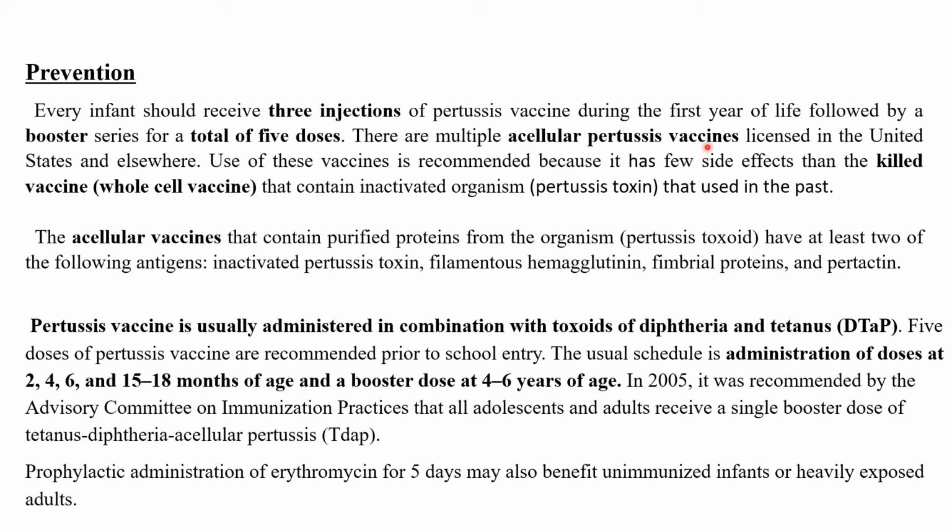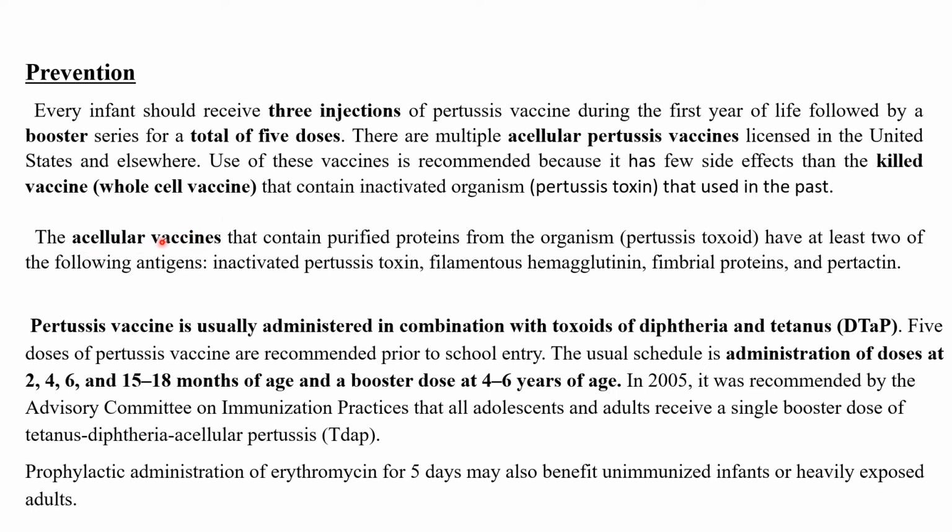The acellular pertussis vaccine licensed in the United States is recommended because it has few side effects. We are talking about the acellular pertussis vaccine that we use currently, which has few side effects and is better than the whole cell vaccine used in the past.